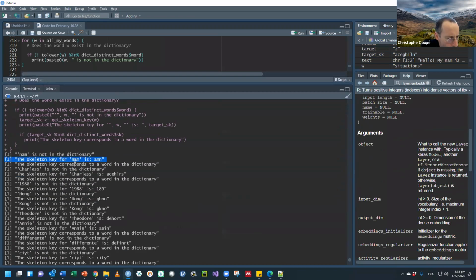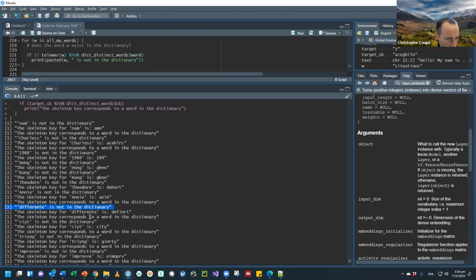So for the first one, okay, the skeleton key corresponds to a word in the dictionary. Interesting. For Charles, the skeleton key corresponds to a word in the dictionary. Okay. And the next one, okay, but different. The skeleton key corresponds to a word in the dictionary. You see?